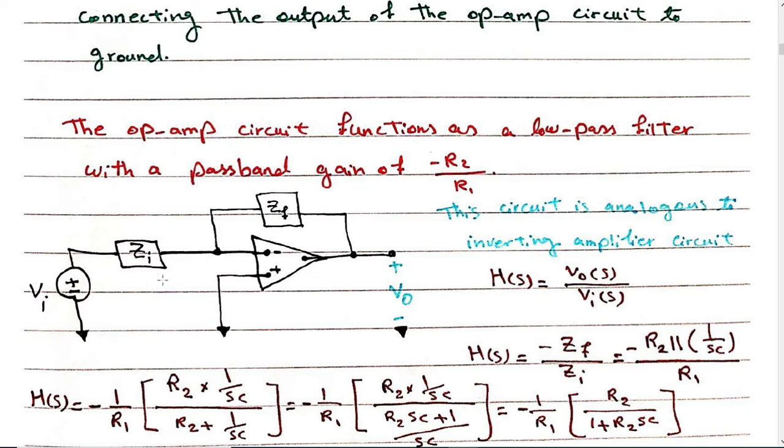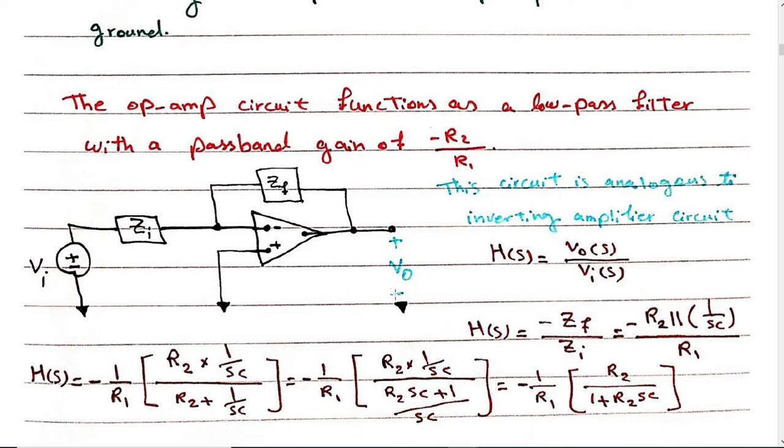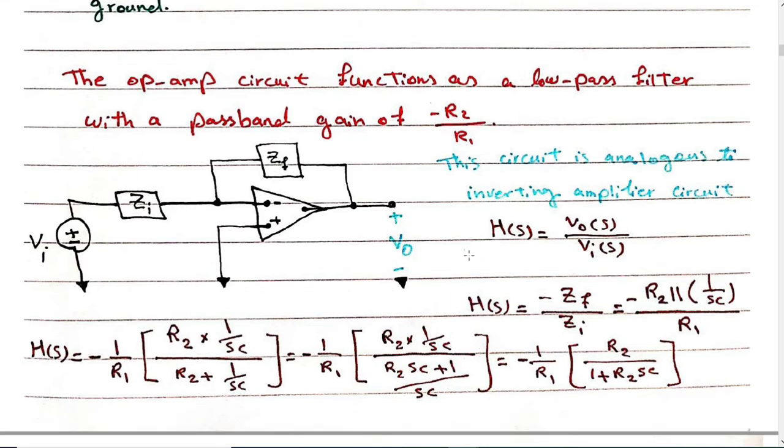This is the input voltage and this is our output voltage. Find the transfer function for this circuit. The transfer function is Vout, the output or response, over Vi, the source or input.